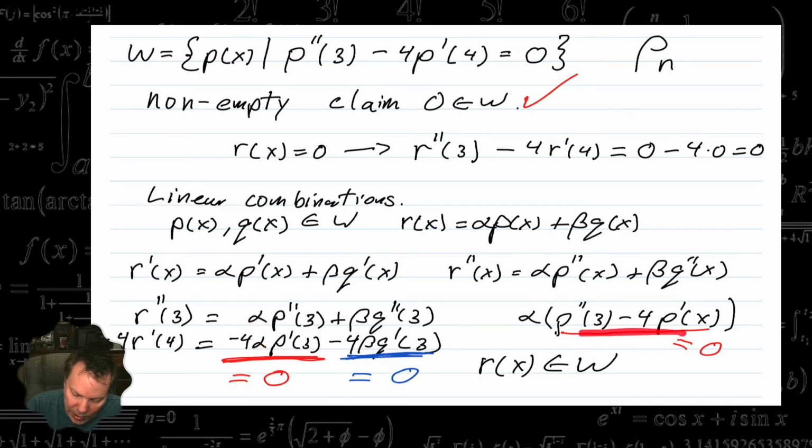I know that p happens to be in W, so this particular expression becomes 0. Alpha times 0, well, 0 is the additive identity, my bad, and it multiplies to 0. I get a similar thing for q. What does that mean? It says that r of x satisfies this condition, so it's an element of W.